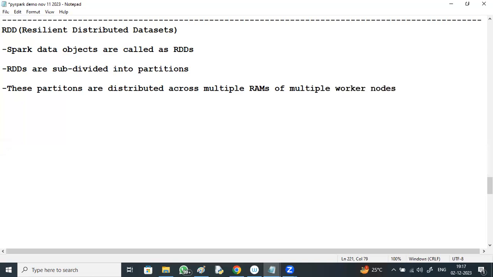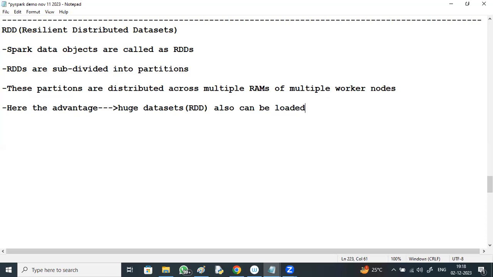Here is the advantage: huge datasets can be loaded as RDDs.